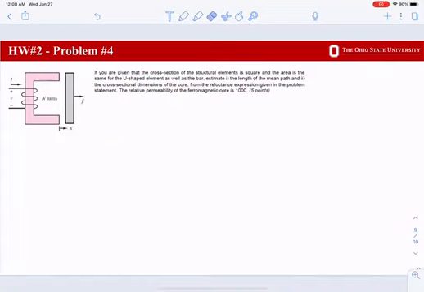So our reluctance expression is 7 times 10 to the 8 times 0.002 plus 7 times 10 to the 8 x, right?